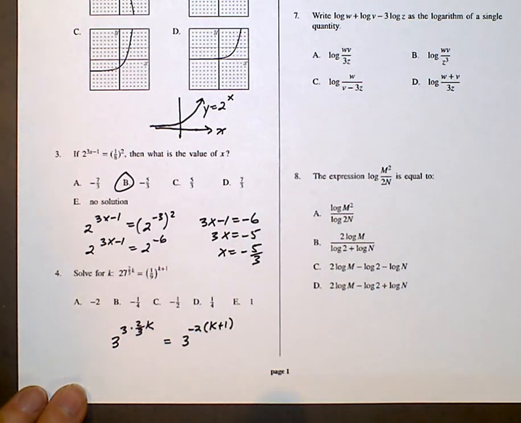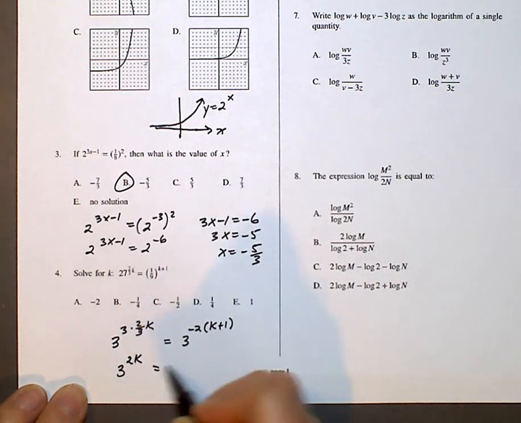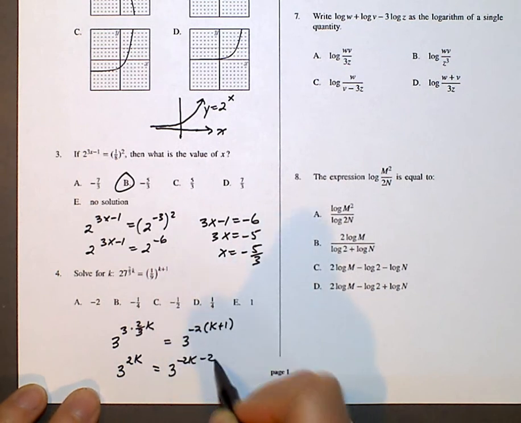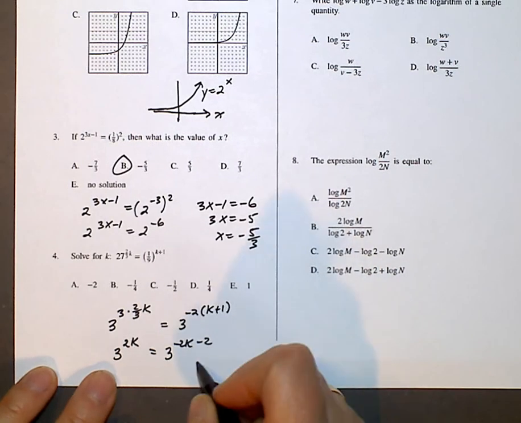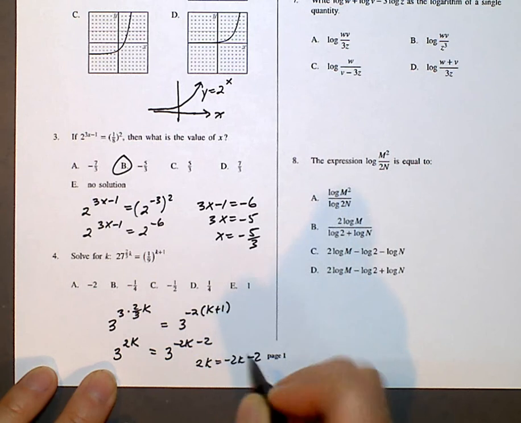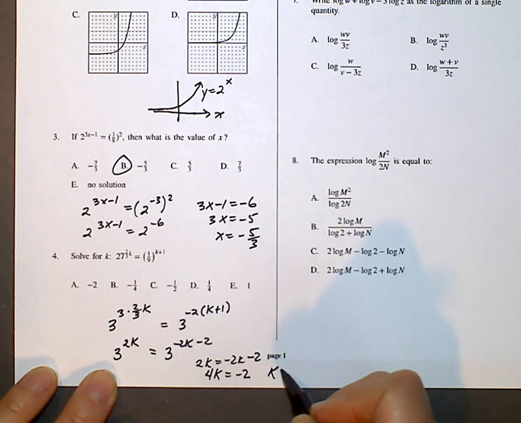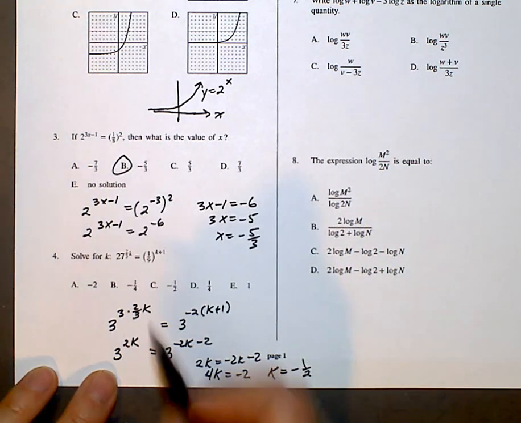So this is 3 to the 3's cancel here, 2k is equal to 3 to the negative 2k minus 2. So now I can equate those exponents. So 2k is negative 2k minus 2, so 4k is negative 2, so k is negative 1/2, and that's choice C.